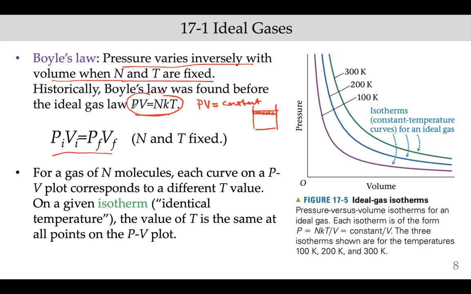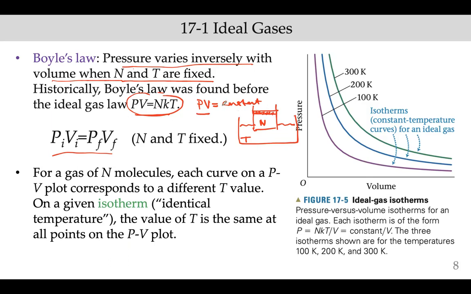Volume can change, pressure can change, but the number of molecules will be fixed because this is a closed container. And you can also fix temperature by maybe putting this in a heat bath like this. If you have a certain constant temperature in this liquid, the temperature here will always be the same. But what can change is P and V.